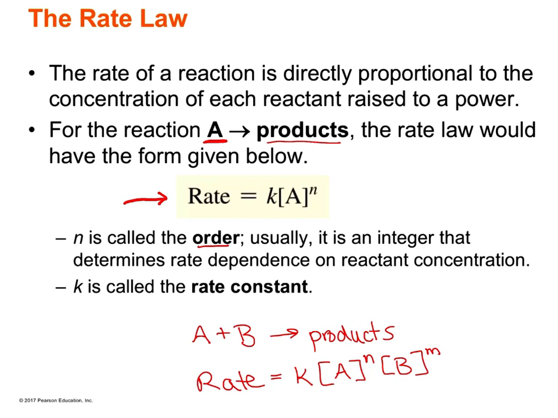So again, those orders of the reactants might not be whole integers all the time. You could have B raised to the power of 0.5 or 0.75, something like that. But most often we'll see a power of 1 or 2 or 3 or something like that.